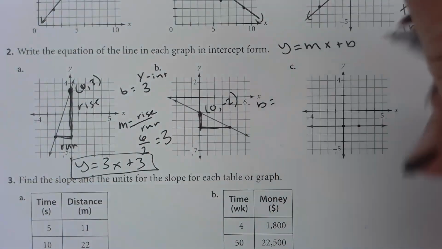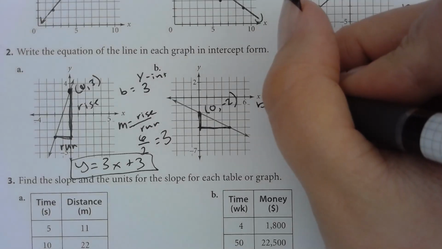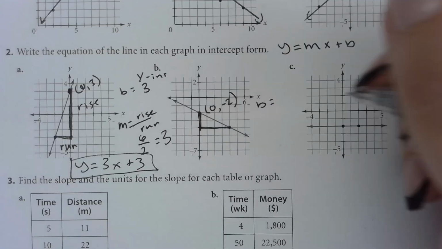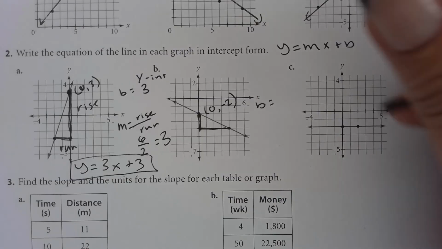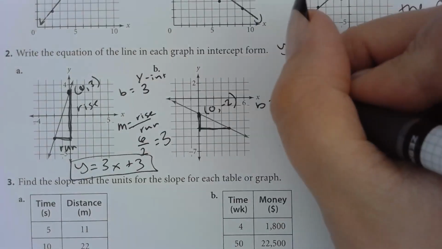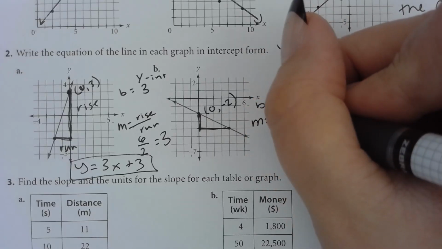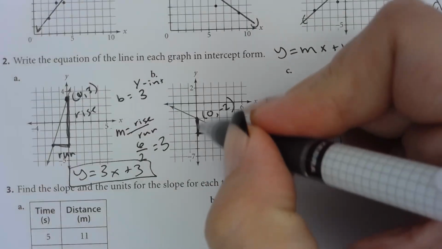What does b equal? b is the -2. What's our rise?